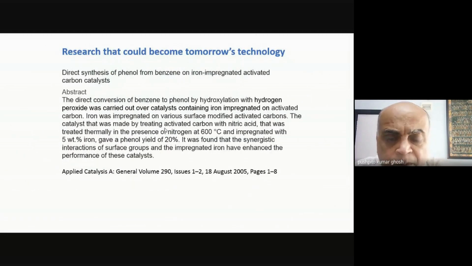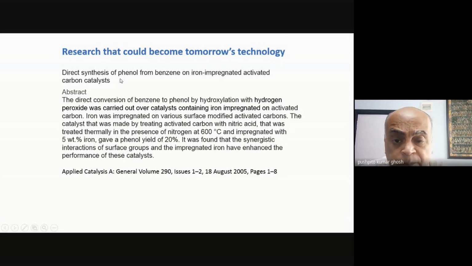And I was telling you about tomorrow's technology. There's a lot of work going on, again coming back to hydrogen peroxide, where people are seeing if it is possible to directly put a hydroxyl group in a benzene ring. Is that possible? There's a huge amount of work going on.